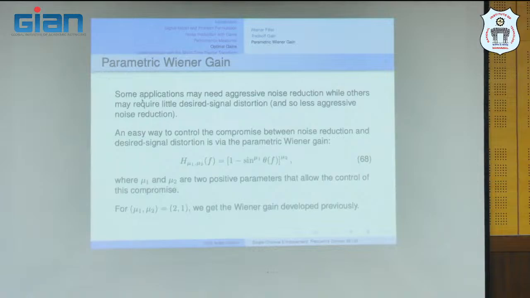Now let's talk about parametric Wiener gain. Actually, we can do even more than that, but I want to give you some intuition about the things that you can do.